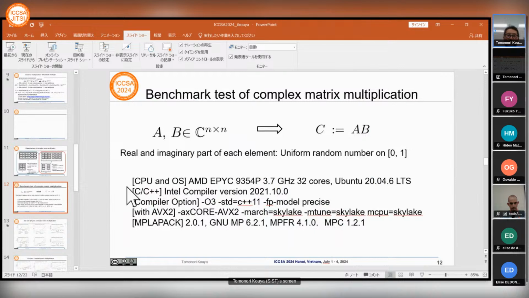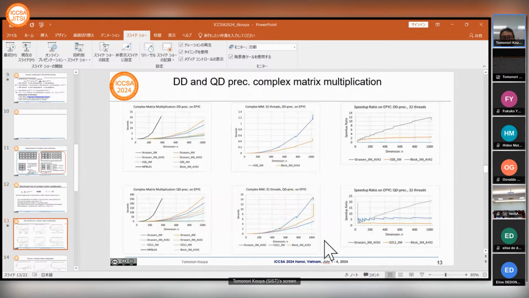So we show the result obtained by the benchmark test of complex matrix multiplication on the AMD EPYC computational environment. That is the result of the benchmark test using double-double, triple-double, and quadruple-double precision complex matrix multiplication.